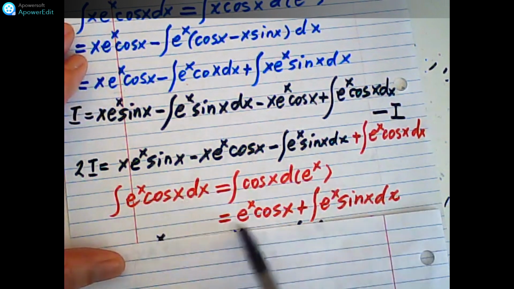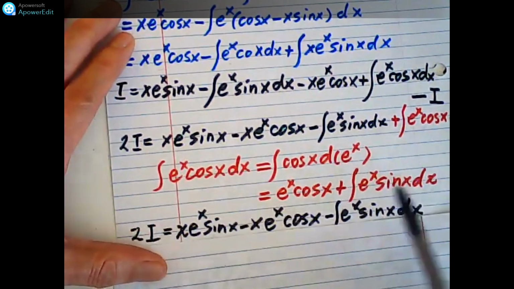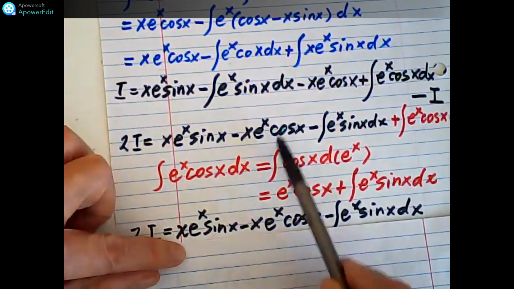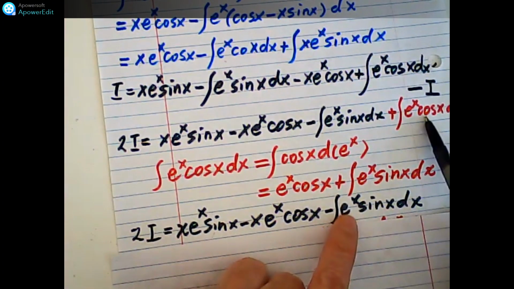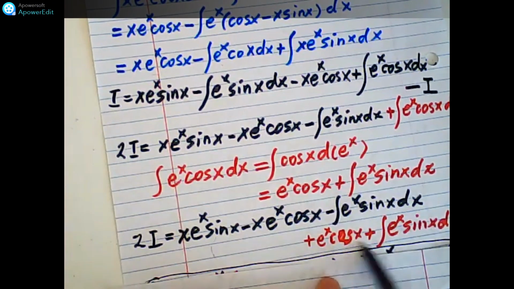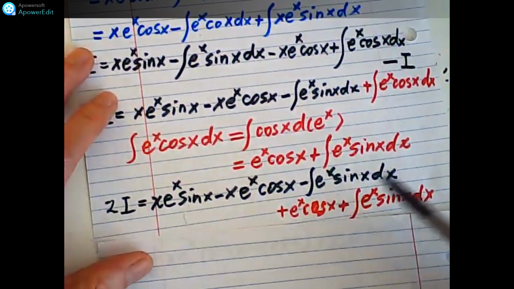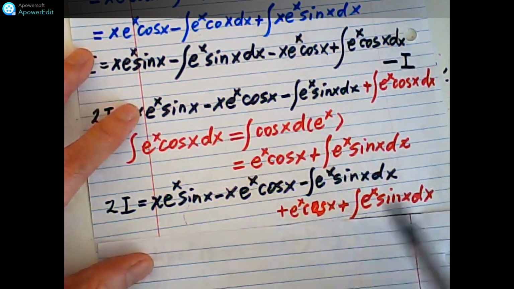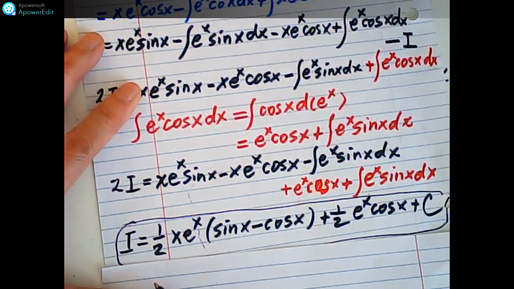Then I plug this back to here. Then my 2I will be this, followed by the red one, which is two terms. Then this integral cancels with that integral. What is left over divided by 2 is my I.